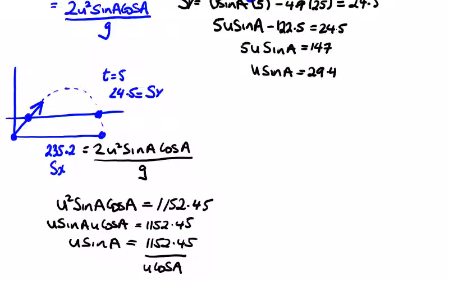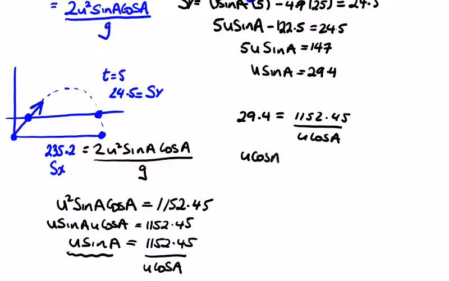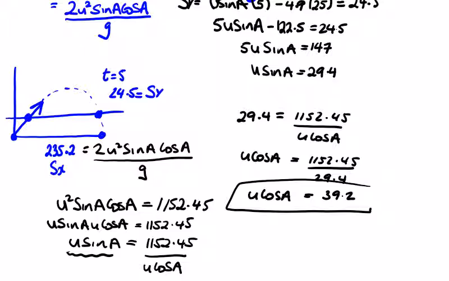We can change the u sine a to 29.4, so 29.4 equals 1152.45 divided by u cos a. So u cos a is equal to 1152.45 divided by 29.4, giving a value of 39.2.